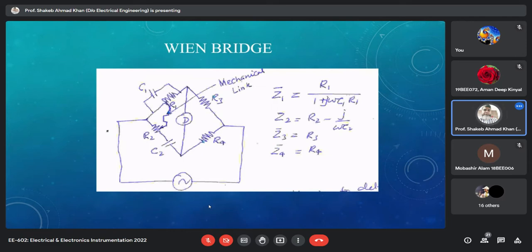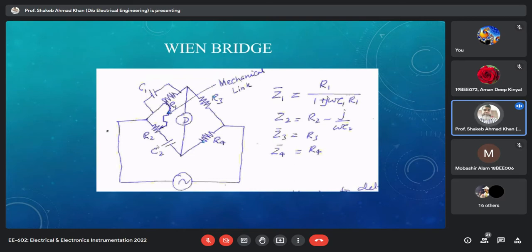If you are having a supply or a signal or oscillator whose frequency is not known, then we connect it as a source here in this bridge. And this is again a 4-arm bridge, and we balance the bridge.